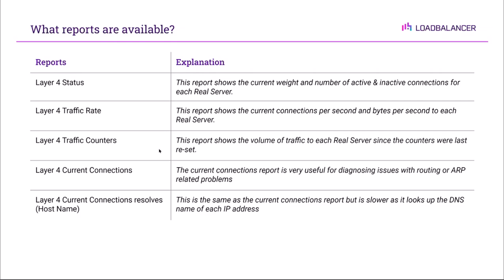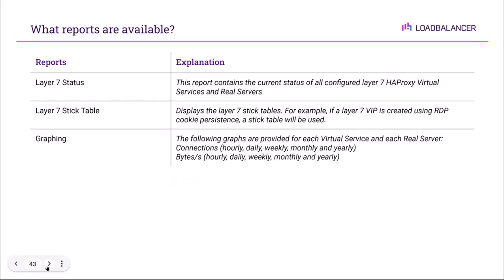So this is what you will look at when configuring layer 4 direct return. Likewise, the current connections with host names will produce the same report, but will also do a DNS lookup against the name of each IP address. And then there are also reports on layer 7.